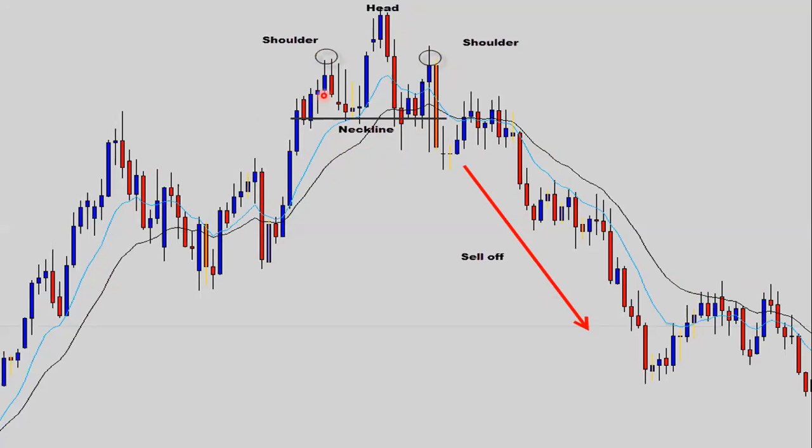If you concentrate, yes, here is one shoulder and head, other shoulder, and here is the neckline. The price broke, retesting, a little up, and then a real sell-off. Head and shoulders.